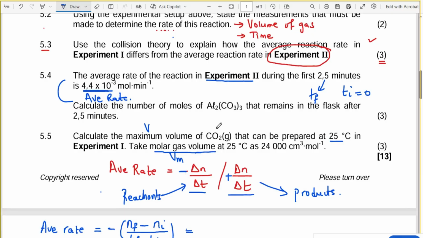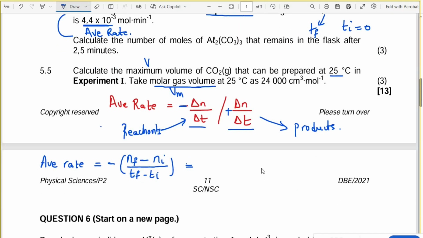So for the fact that they mentioned Vm, I'll go to my formula sheet and find the formula that has Vm. It's n equals V over Vm, at the back of your question page. Vm is given as 24,000 cm³.